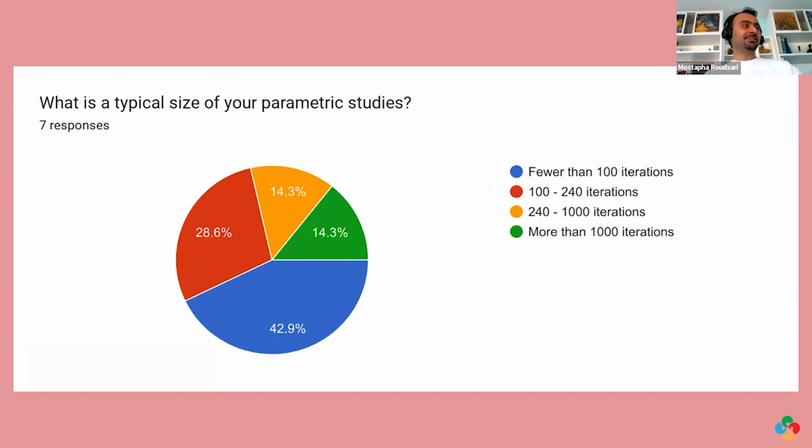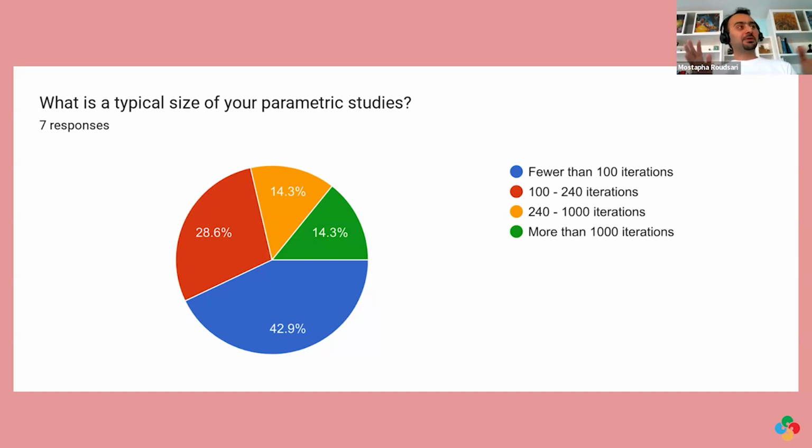Most of you have fewer than 100 iterations, which looks like it's basically one large building. And then we have one person who has more than thousands of iterations. So break it down into smaller pieces. Don't try to run 1,000 together. Let's talk together: why do you need 1,000 iterations?